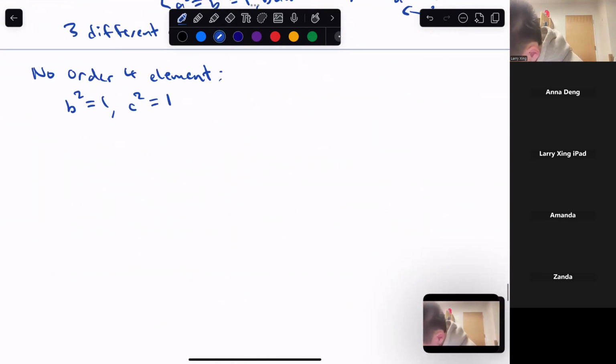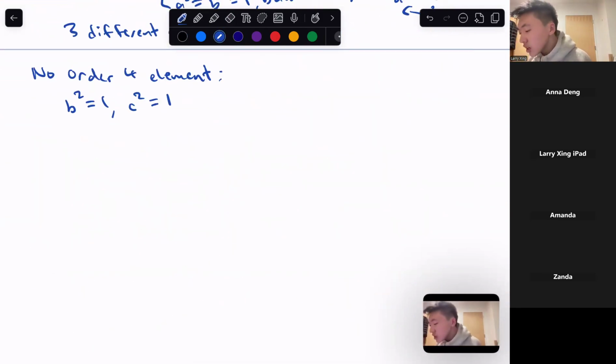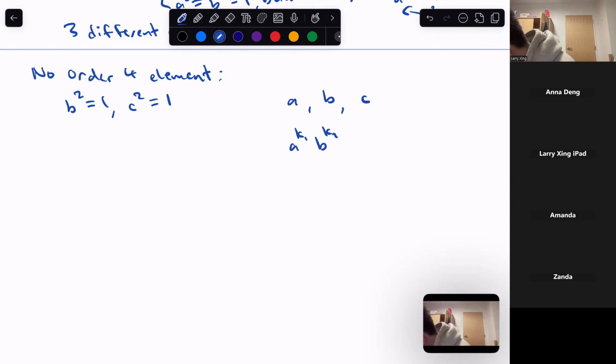In this case, to generate a group of 3 elements, we need to be able to reverse our product in such a way that it goes a to the k1, b to the k2, c to the k3. So we need to define a way to get all the a's in front of all the c's. And then we also need to define a way to get all the b's in front of all the c's. And now once we do that, we know all the c's are at the end.